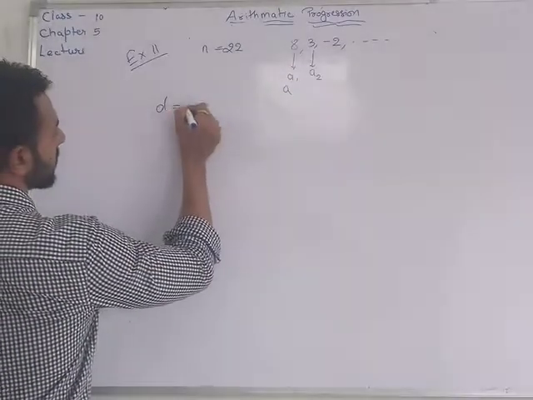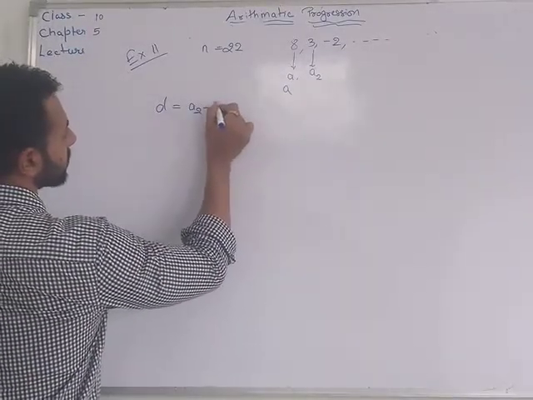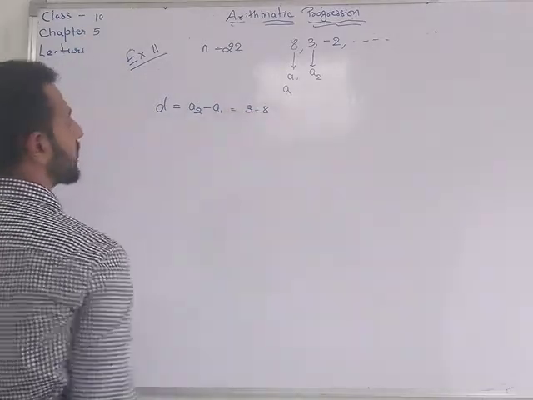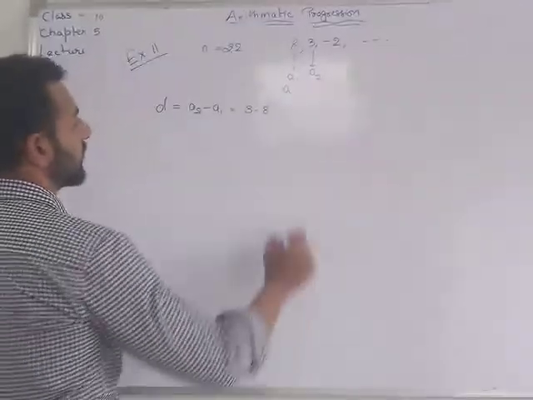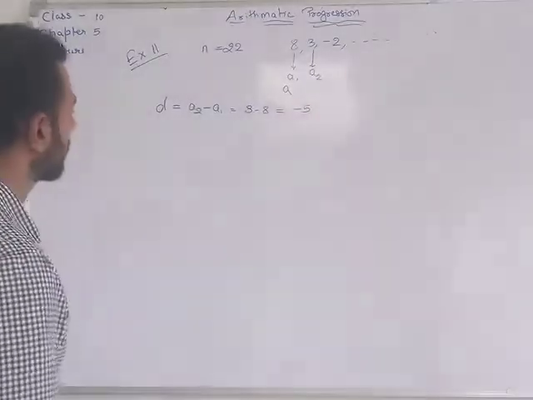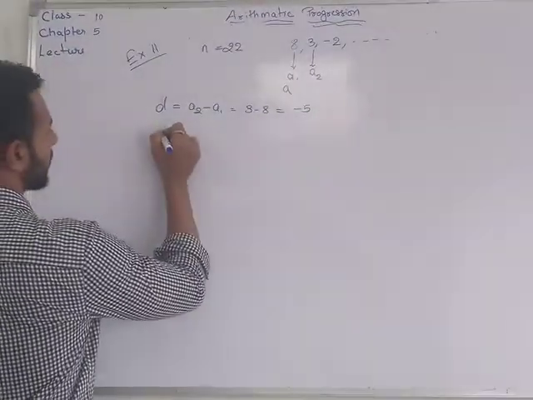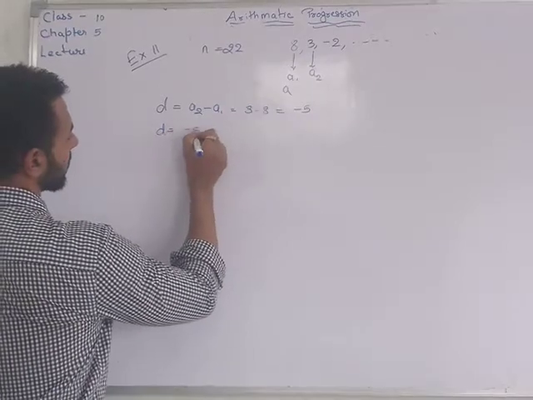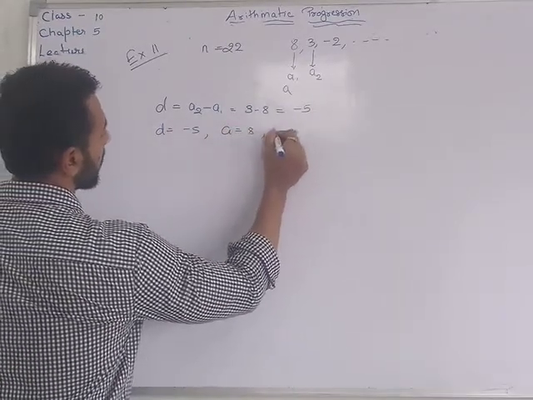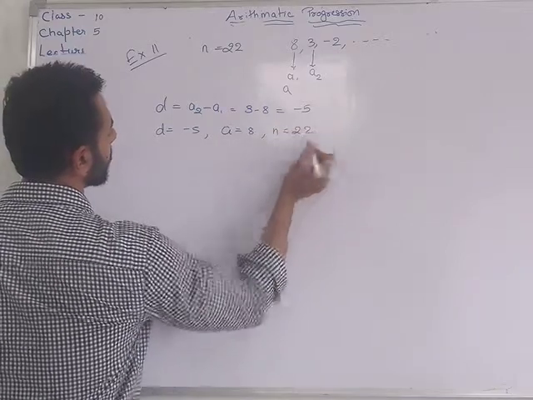Common difference D is A2 minus A1, which is 3 minus 8, which will be minus 5. D is equal to minus 5, A is equal to 8 and n is equal to 22.